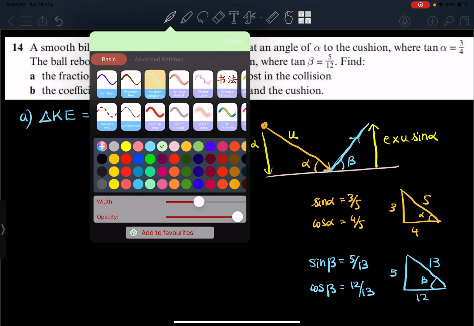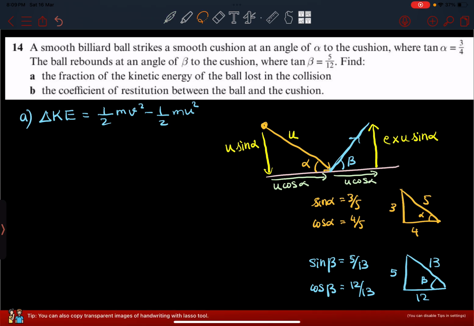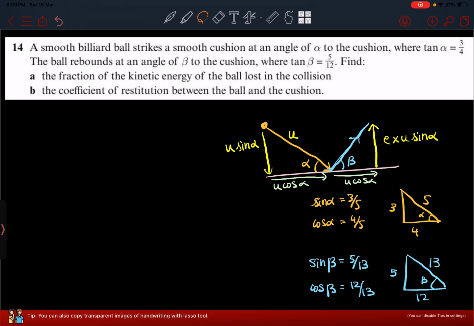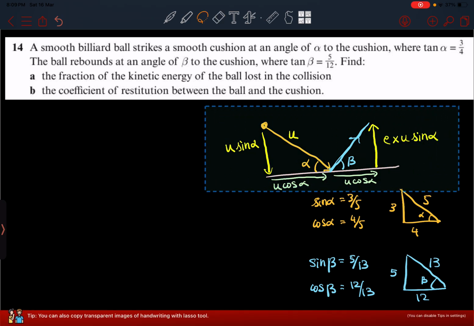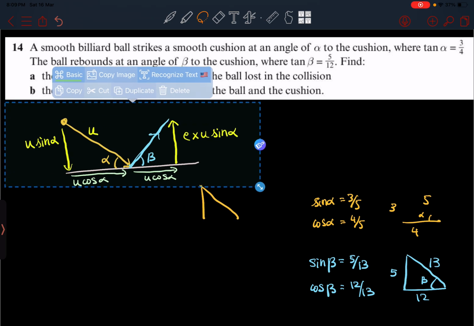Parallel component would be the same, that is u cosine alpha. This would still be u cosine alpha. Right, so let's just take those and move them here so that we can work with them slightly better.